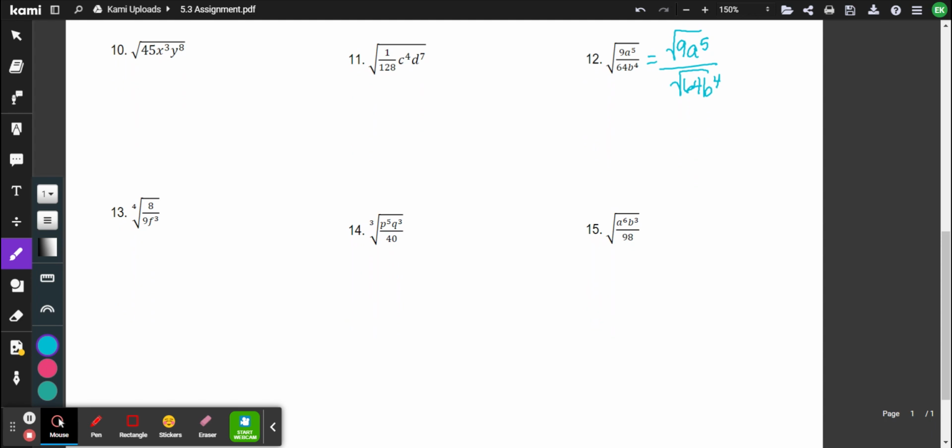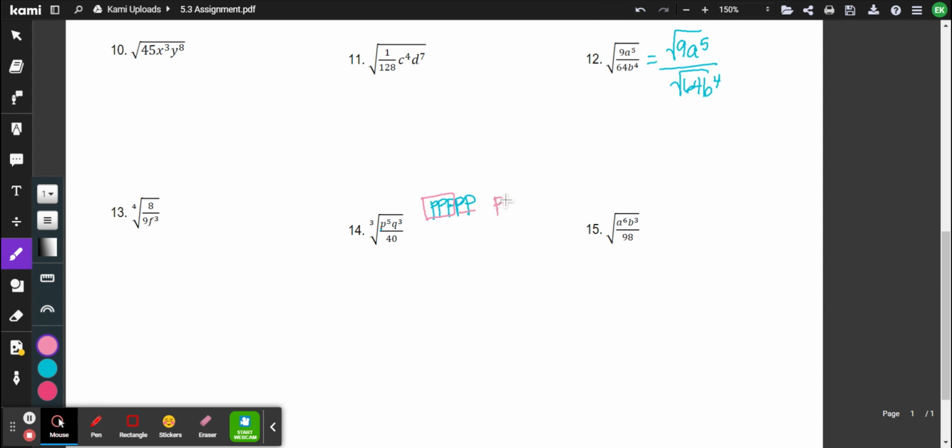But let's look at 14, because this one might be a little more difficult. Okay, so I'm going to split this up into pieces again. I'm going to look at the p^5 as 1, the q^3 as 2, and then the 40 as a third. And again, I'm looking for groups of 3, okay? So if I have 5 p's, 1, 2, 3, 4, 5, I'm looking for a group of 3, and then I have 2 left over.